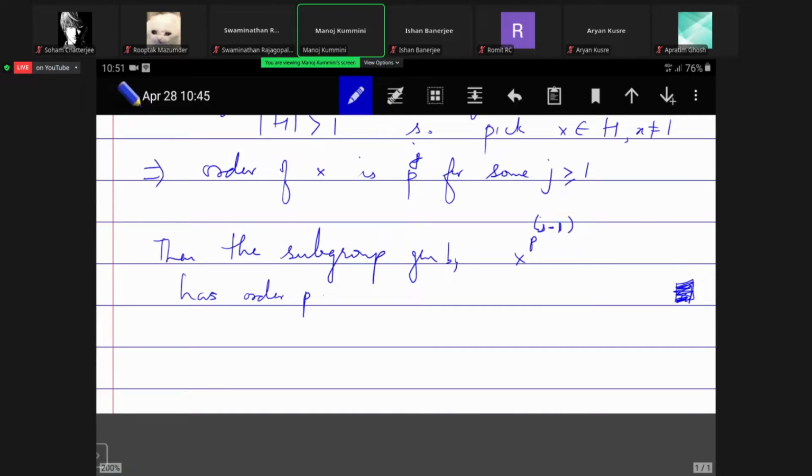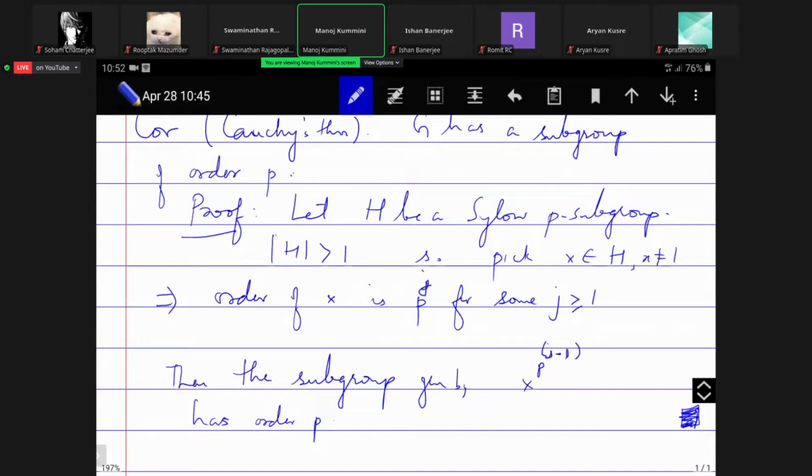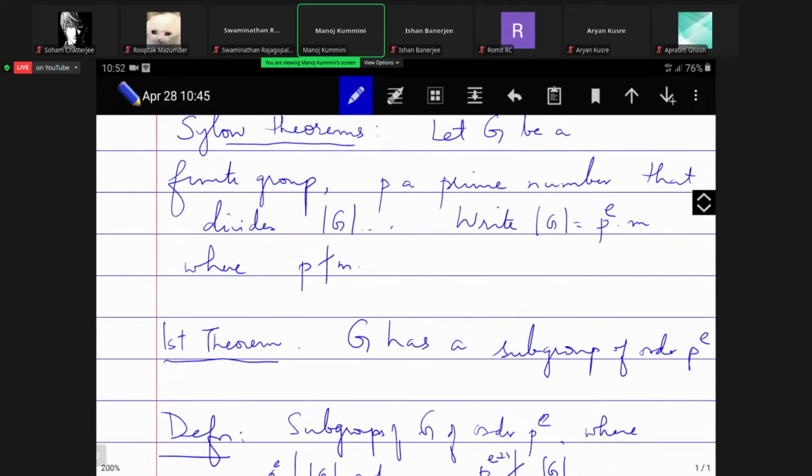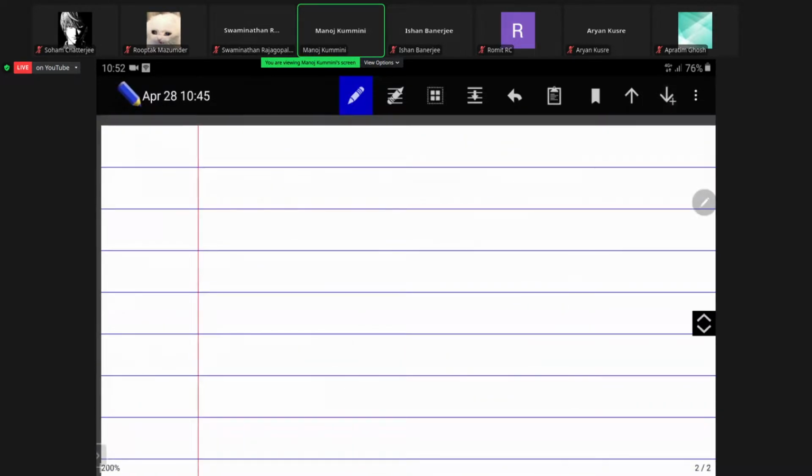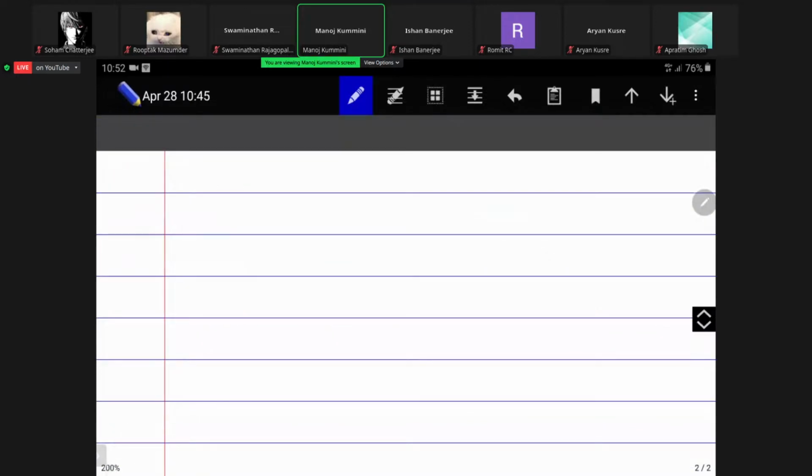The difficult part is to come up with a set and the group action to conclude the necessary conclusion, and there are various choices for that. So this is the first theorem. Okay, so now the second theorem.